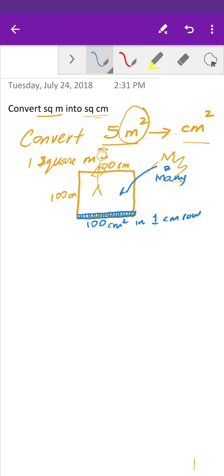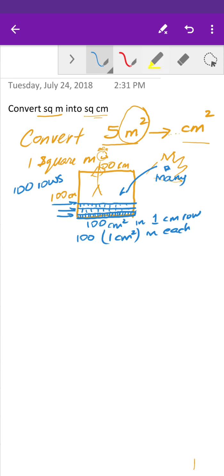So if you've got 100 here, and 100 here, and 100 here, you've actually got 100 rows of 100, because each row is 1 centimeter wide. So we're going to get 100 rows with 100 individual square centimeters in each row.